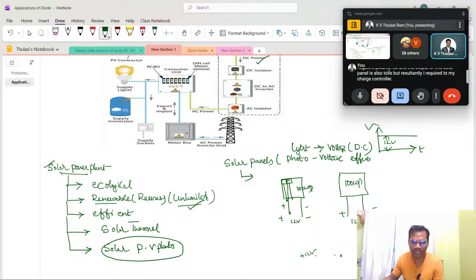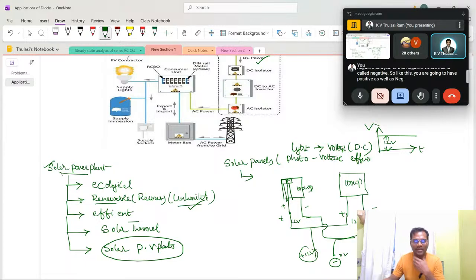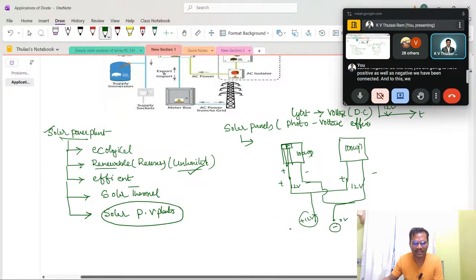Then join this positive and this positive, and bring out this negative and join to this negative. Okay. So like this, you are going to have positive as well as negative. We have been connected, and to this we can directly connect a charge controller.